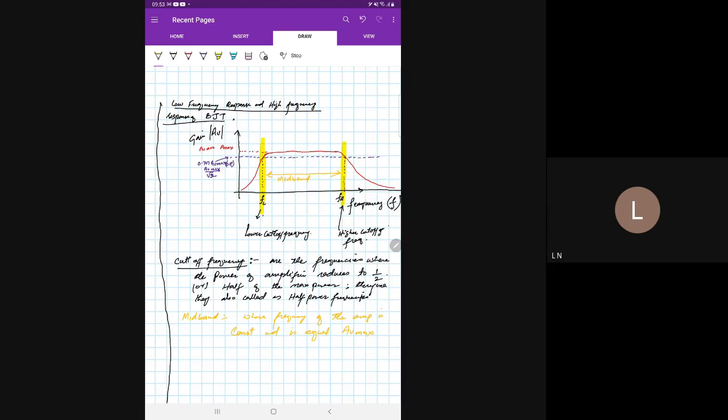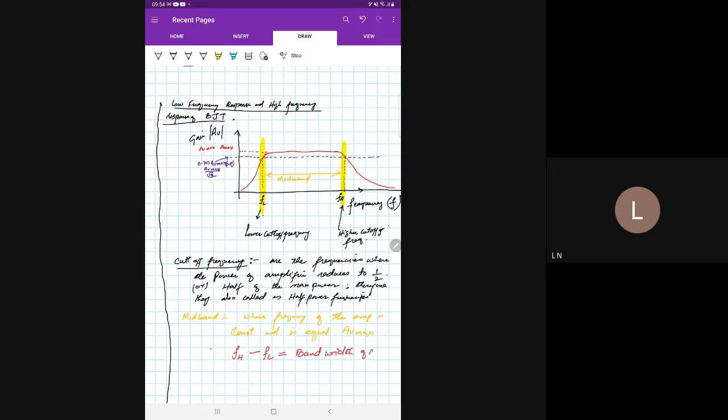Since FH is the higher cutoff frequency, it has the higher value. So the higher value minus the lower value, FH minus FL, is known as the bandwidth of the amplifier.